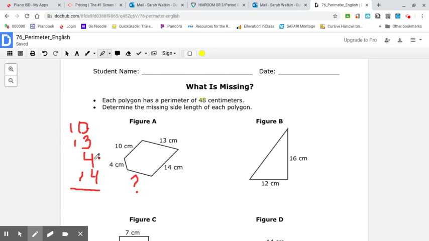4 plus 4 is 8, 9, 10, 11. So I have 11. I'm going to have to regroup. Now 1, 2, 3, 4. 44. So if I add this one, plus this one, plus this one, plus this one, I have 44. But I'm still missing that one.